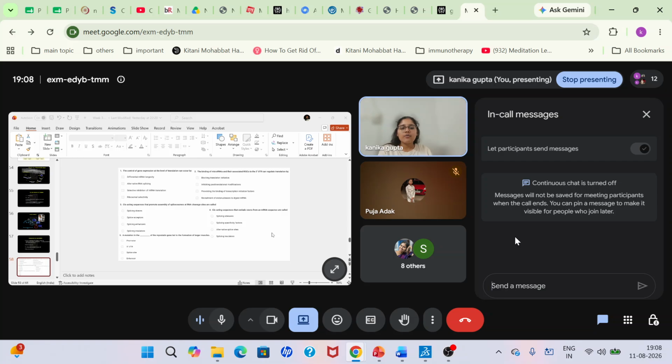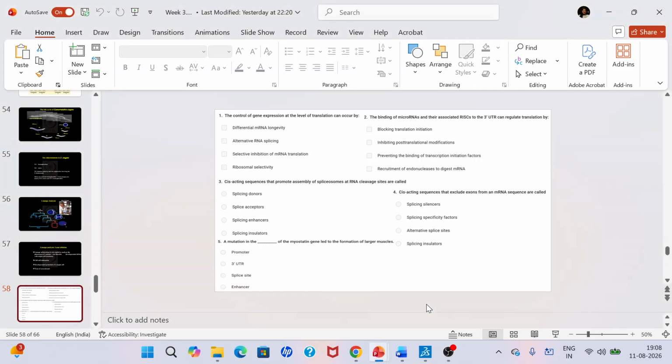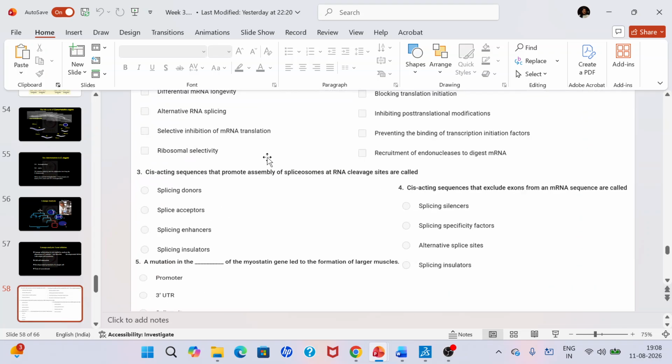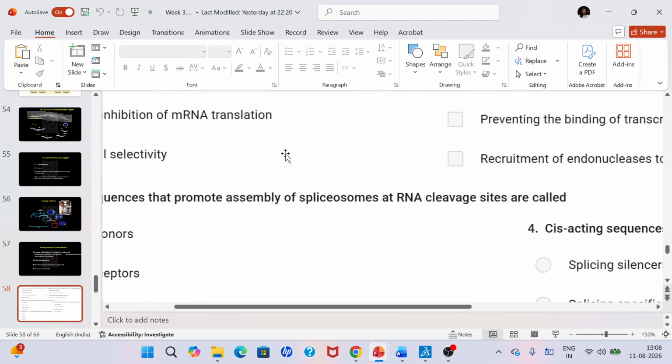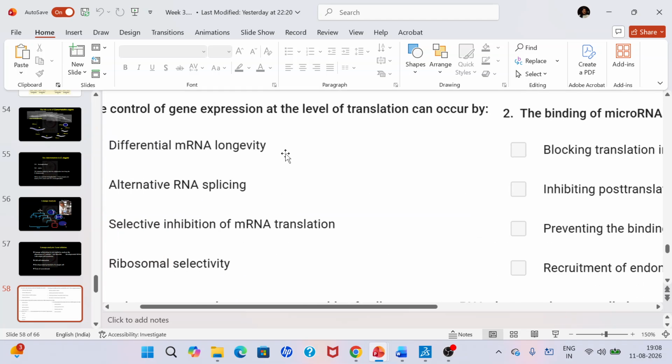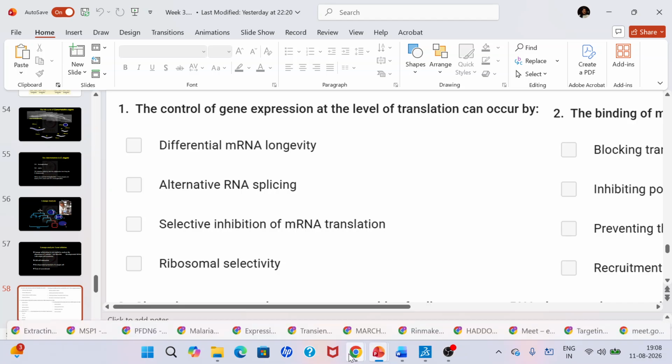I hope the questions are visible to you guys. Again I am repeating the question: the control of gene expression at the level of translation can occur by. This is the question and these are the options.